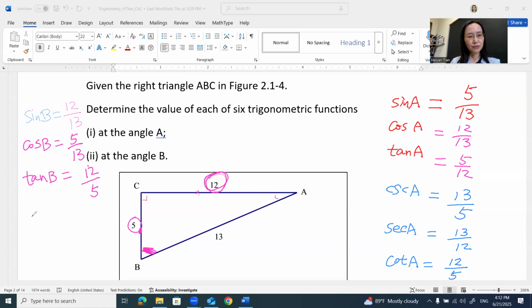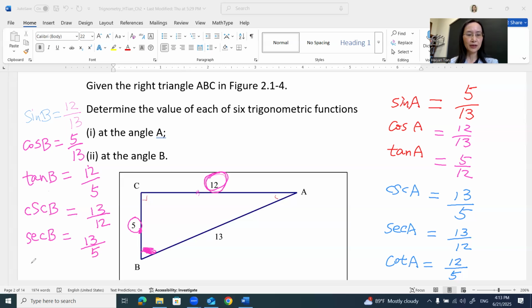And then continue. For the acute angle B, we calculate cosecant at B, right, which is hypotenuse over the side opposite B, which is 12. Secant B. Secant B is hypotenuse, which is 13, over the side adjacent to B, which is 5.